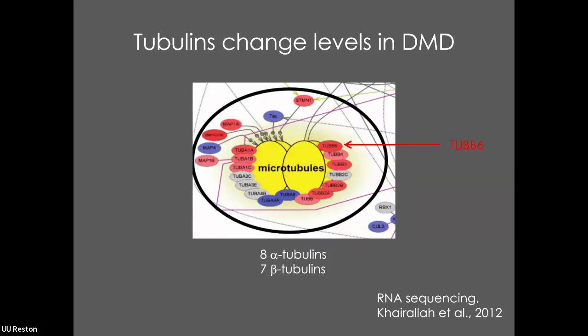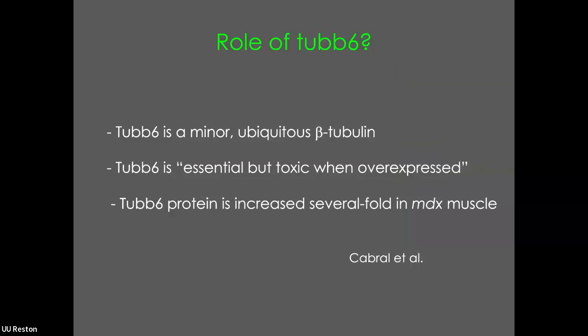And the features of TUBB6: someone who's also retired, Dr. Cabral at Baylor College in Houston, did a lot of studies of the individual tubulins to see what their roles can be, and TUBB6 was very interesting because he found that it's a minor tubulin.